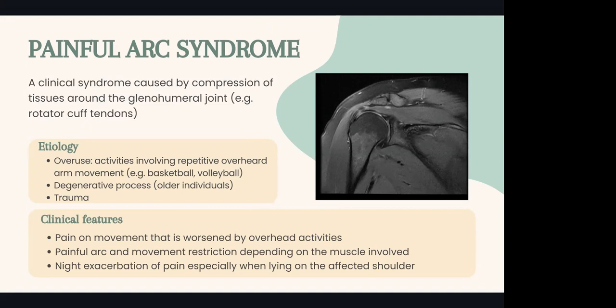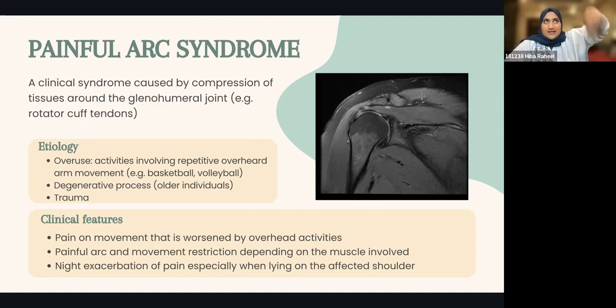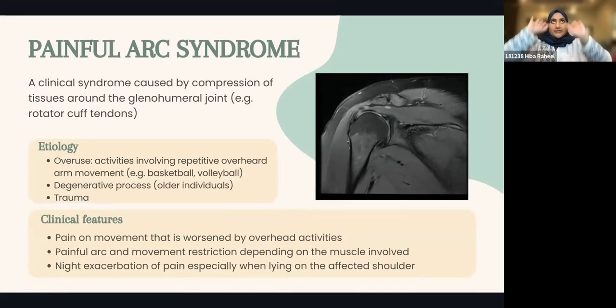Exactly. Someone is a painter, and the entire day they paint walls. Or a sportsman, basketball, volleyball, anything that involves throwing the ball over their head, moving their arms a lot, this can lead to rotator cuff tendonitis, right? And that can cause painful arc syndrome.